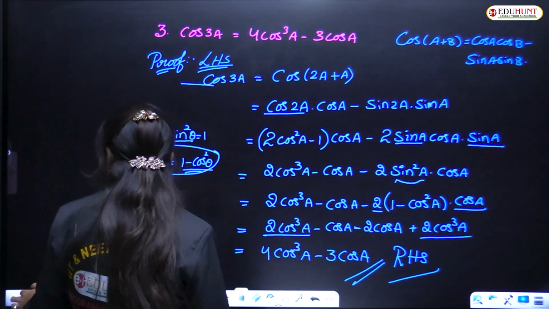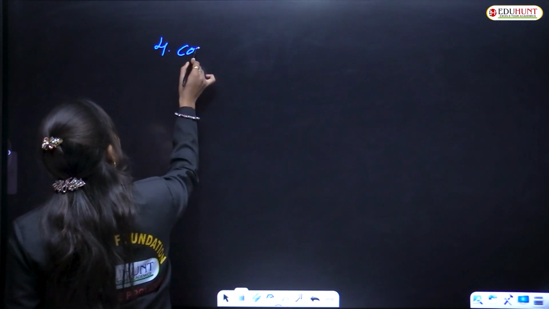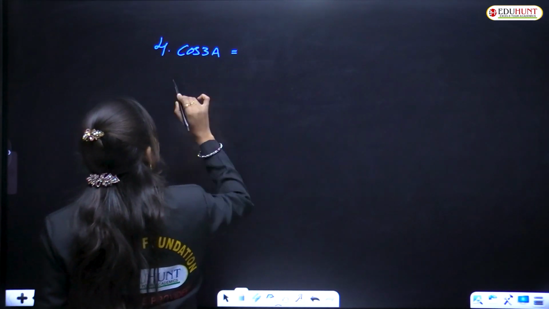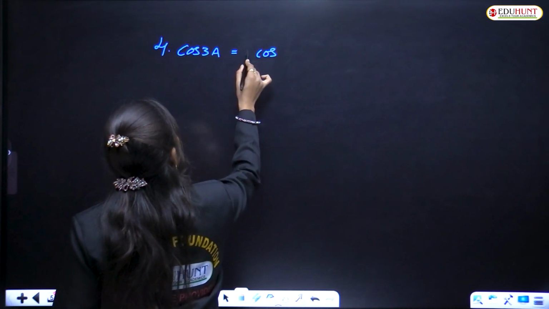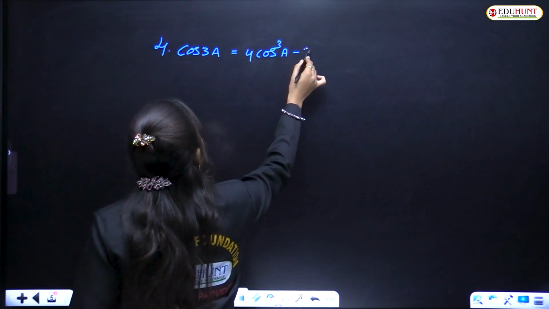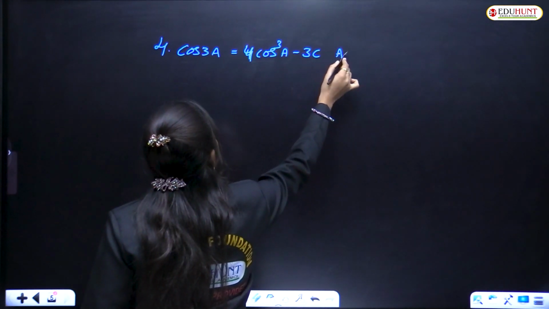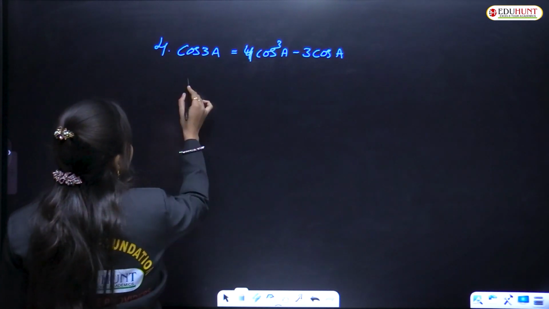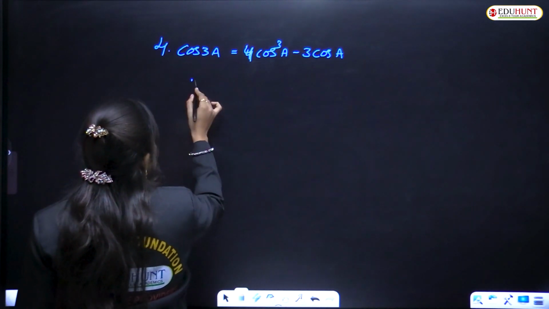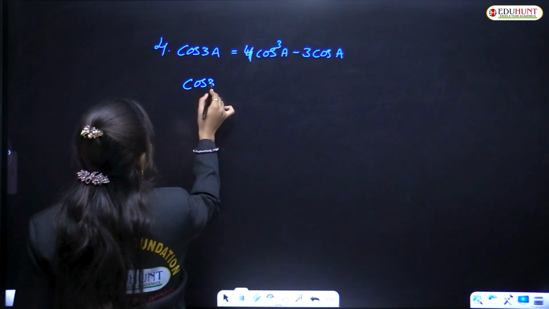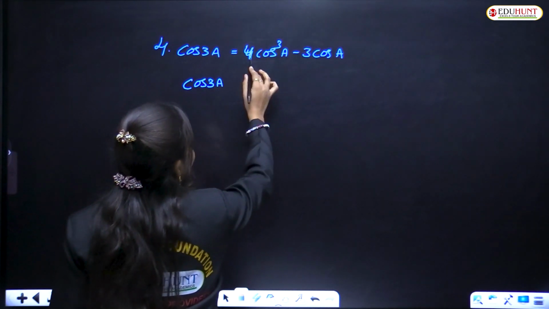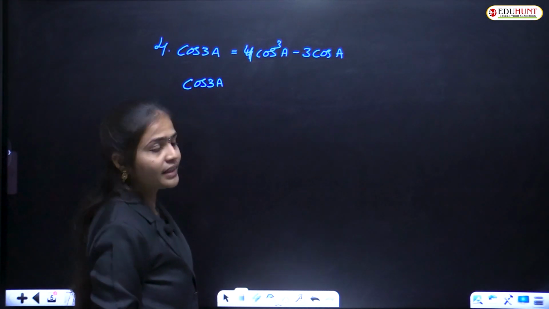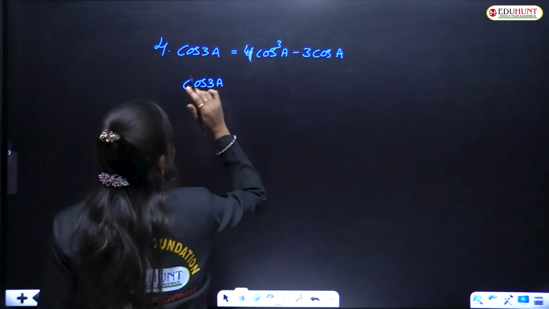So cos 3A is equal to 4 cos cube A minus 3 cos A. From this one, what is the formula for cos cube A? Here cos cube A value we need to find out, so keep this one here only.